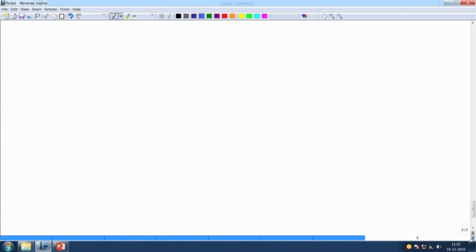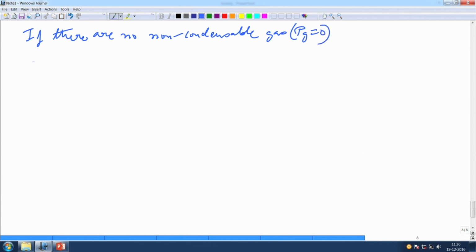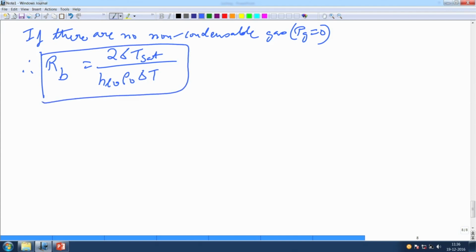So if there are no condensable, no non-condensable phases, that means your PG is equal to 0, you can cast RB, which is the critical, we will define it shortly, 2 sigma into T sat divided by HLV into rho V into delta T. So this is the expression that you get.